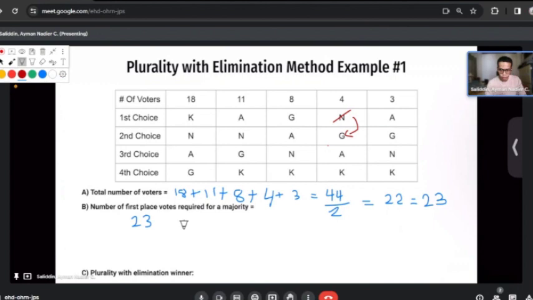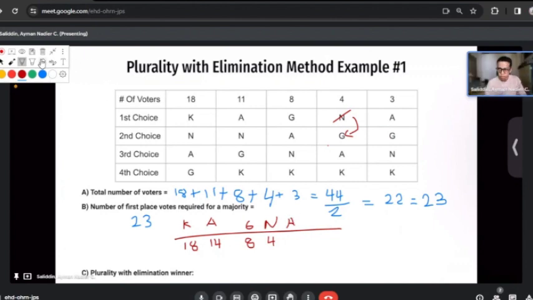So here, let's write the chart. We have K, A, G, N. K has 18, 14 for Anjanette, Girly has 8, Nadir has 4.